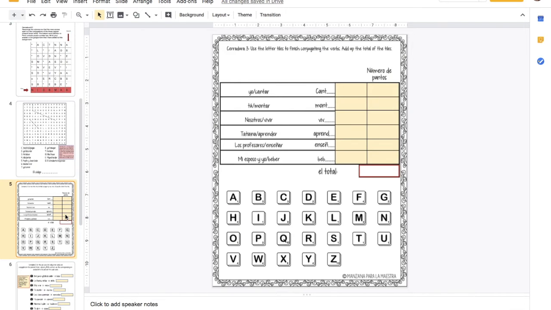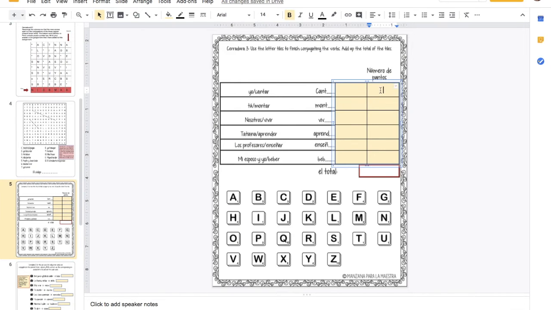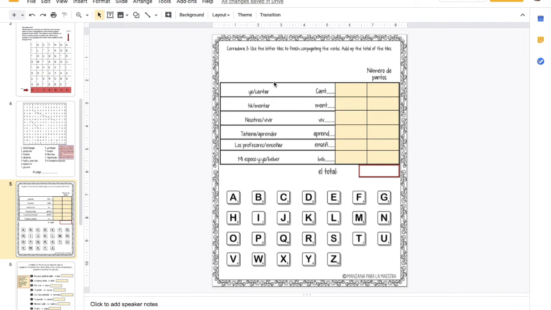We're moving on to the next one. Notice how in these you can click and you can actually type something in. The same thing as you did in the one above, you're going to have to do it here. Cantar. You're going to take away the AR and you're going to replace it with an ending that goes with the pronoun yo.